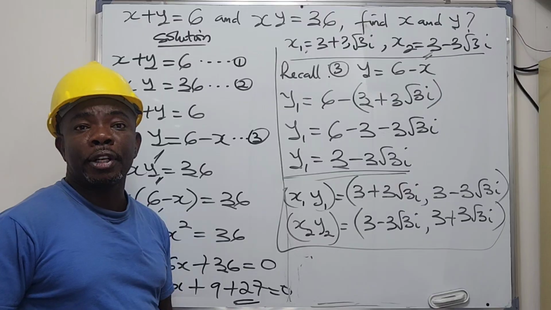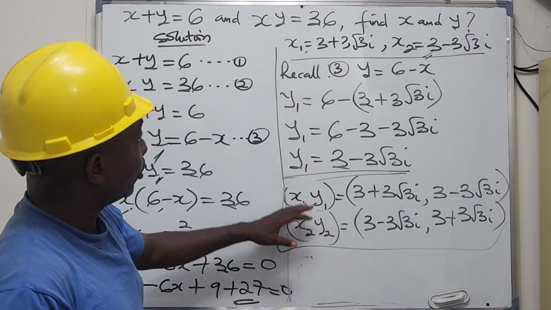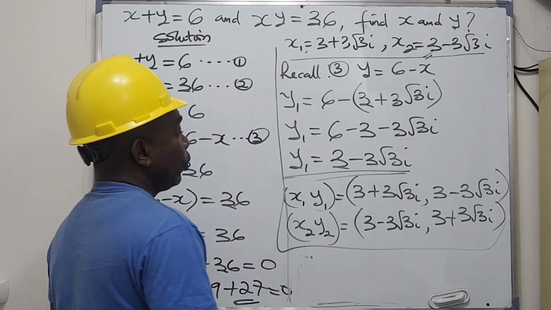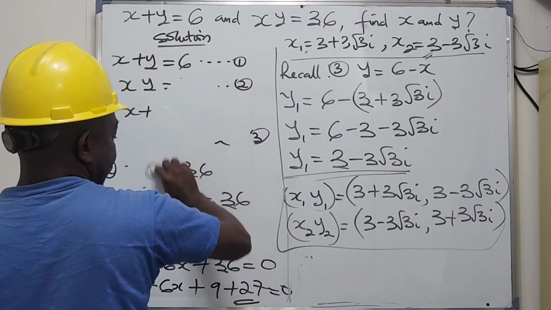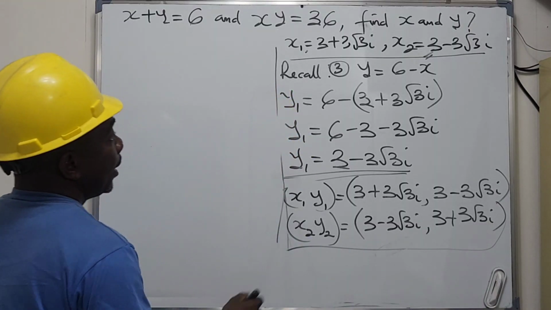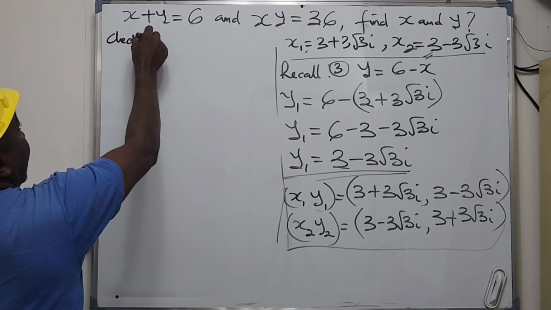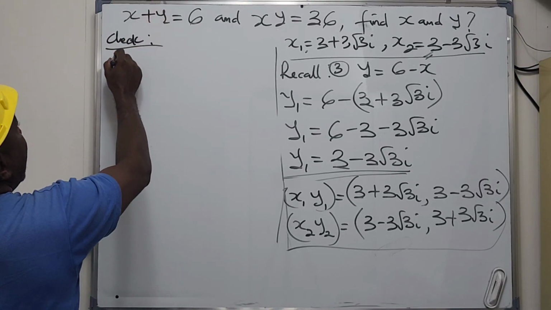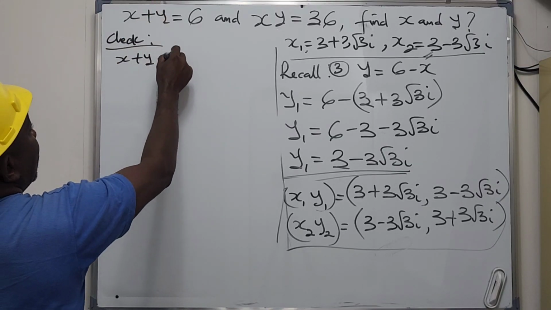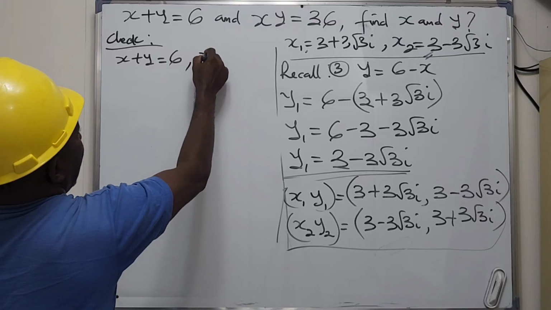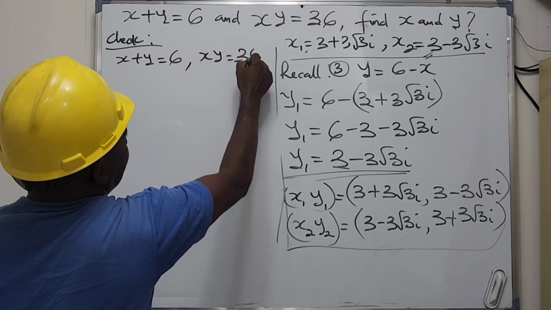We can do a little check to see whether the solution will satisfy that. Before we do that, we need to clear this. So we have here, check. We are given x plus y equals 6, and also xy equals 36.